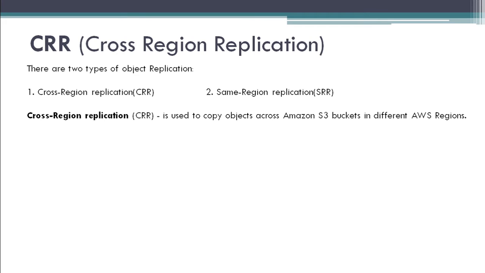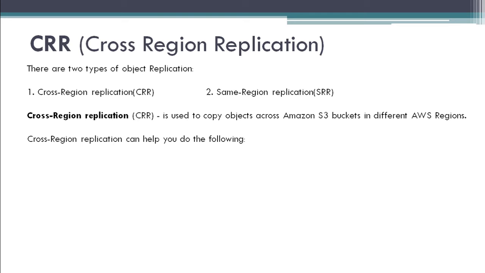Suppose your source and destination buckets are in different AWS regions. In that case, that is cross-region replication. If you want to replicate your objects from a bucket in one AWS region to a bucket in another AWS region, this is cross-region replication. So it is possible with CRR.